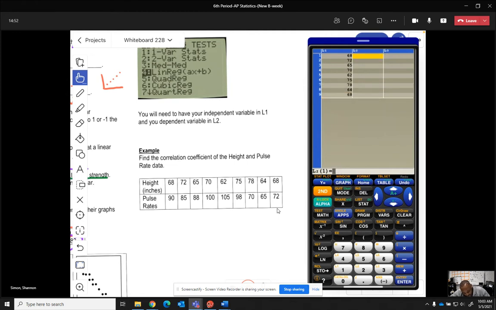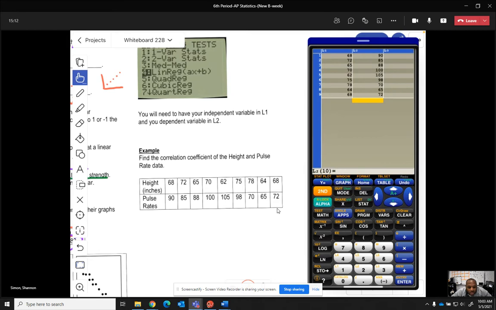Type those all in, and I'm going to type the other values in the other list: 90, 85, 88, 100, 105, 98, 70, 65, 72. Make sure that they line up with each other. That way I know that 68 goes with 90, 72 goes with 85, and so forth.